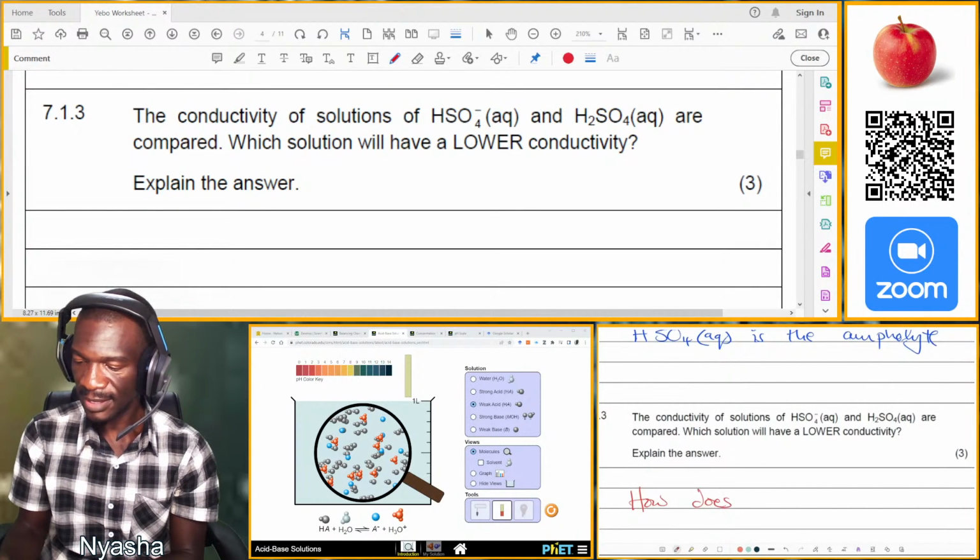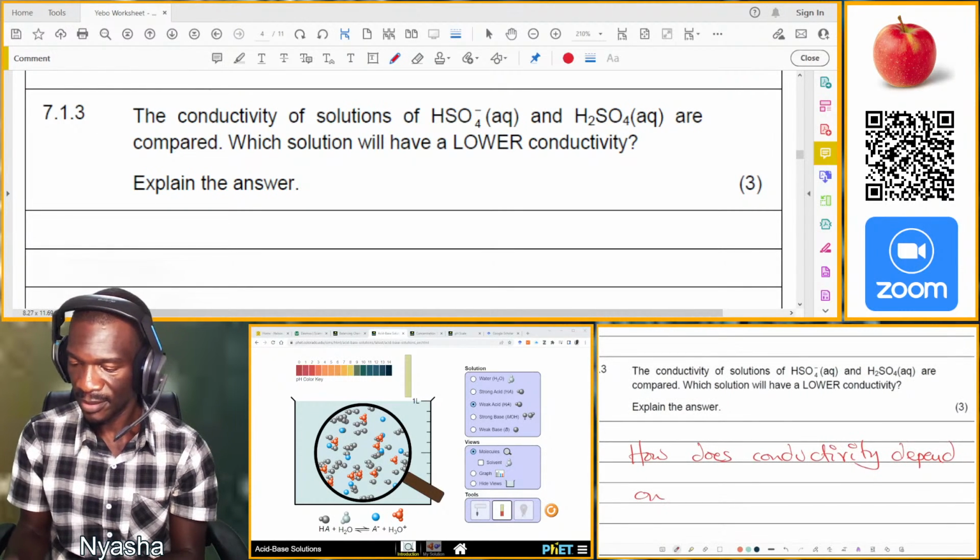How does the conductivity of a solution depend on the species in a solution?